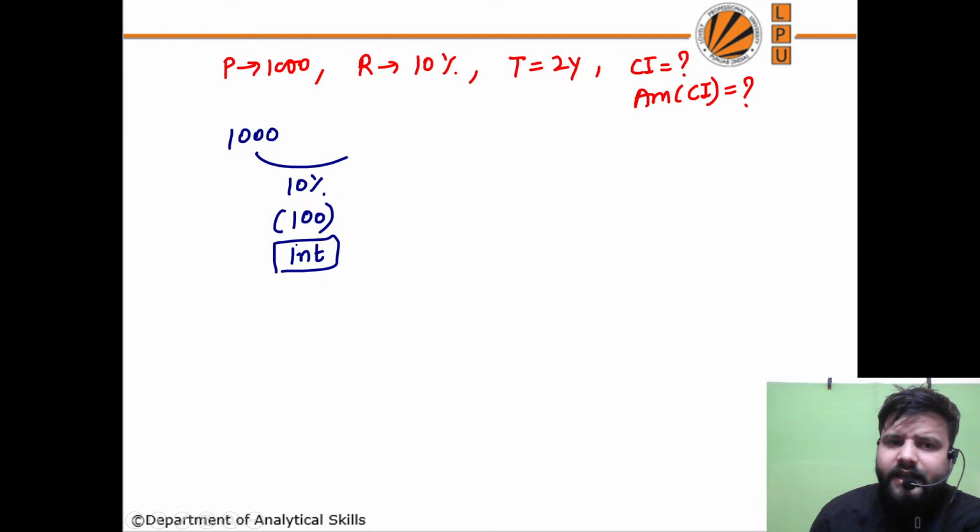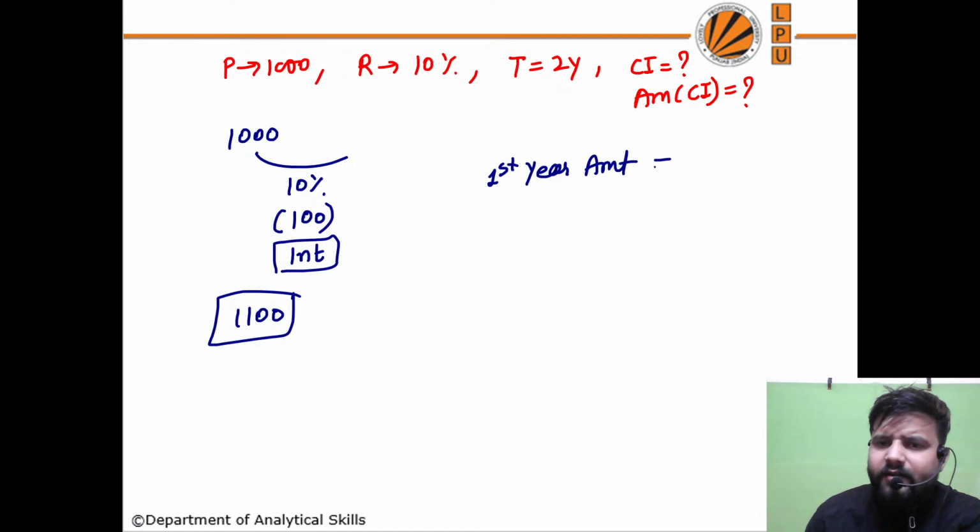But for the next year, the amount after the first year would be 1100, isn't it? Interest plus your principal. So the first year amount becomes the principal for the second year in compound interest.